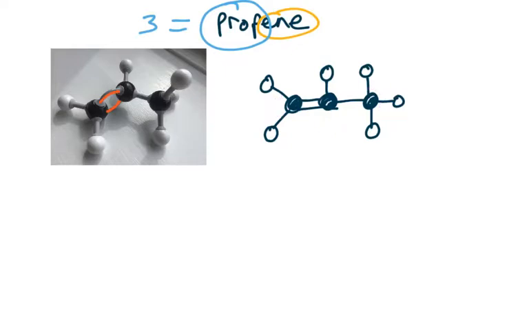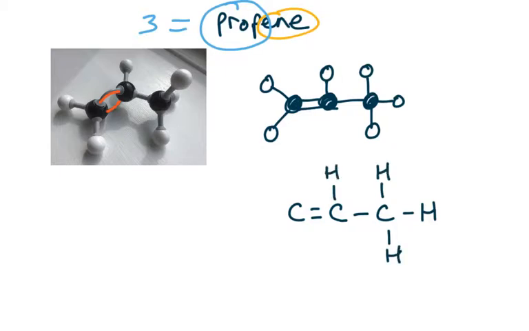Okay, so to draw out the displayed formula here, remember, it's got the symbols in it, so I've got my carbons that are joined by the double bond, and then I've got my last carbon. Now you'll notice this is why it's really important when you're looking at alkanes that you always draw the bonds in. Then I'm going to add in my hydrogens around, so I'm replacing the white circles with hydrogens.